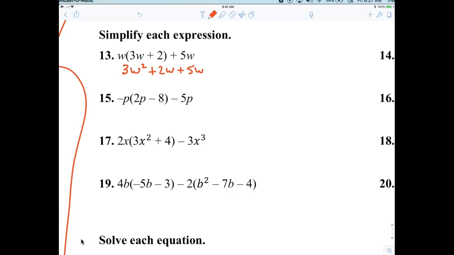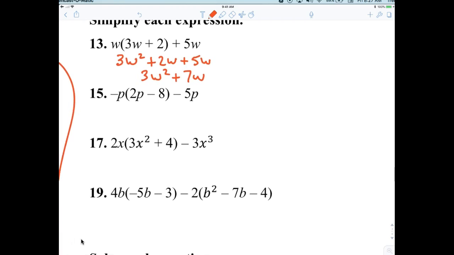You're just combining. You're simplifying. All right? So your answer is 3w squared plus 7w. So in this step, you distribute and then you combine terms. Everybody happy with that?